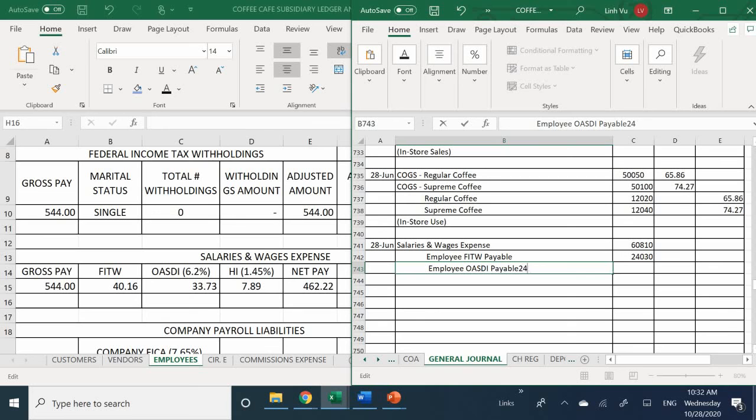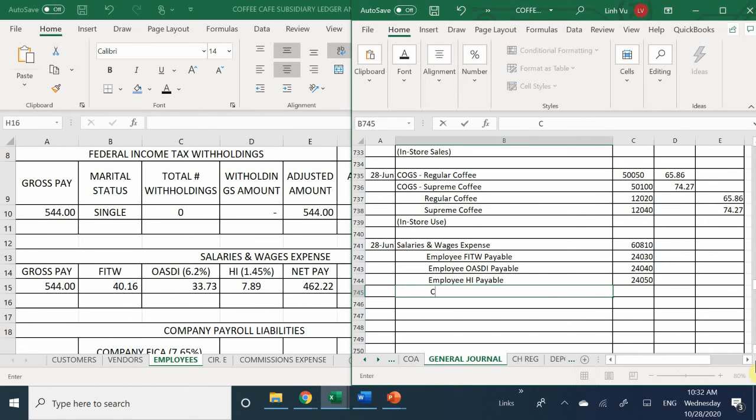And then employee HI payable, HI is Medicare, and that'll be 24,050. Good. And then lastly, what was the last thing that we have to do?